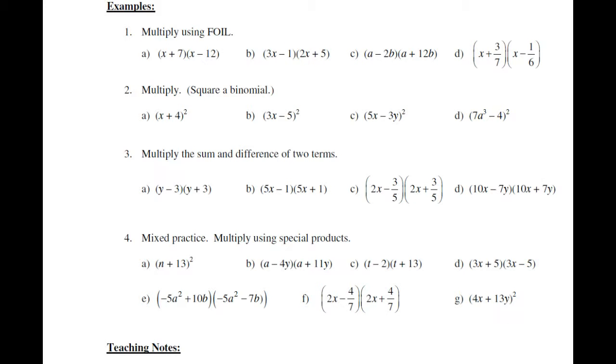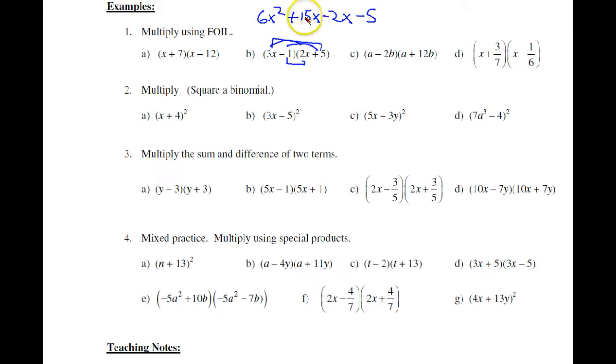So again, we want the FOIL. First term, 6x squared. Outers, 15x. Inners, there's different ways you can do it, a negative 2x. And then last, a negative 5.